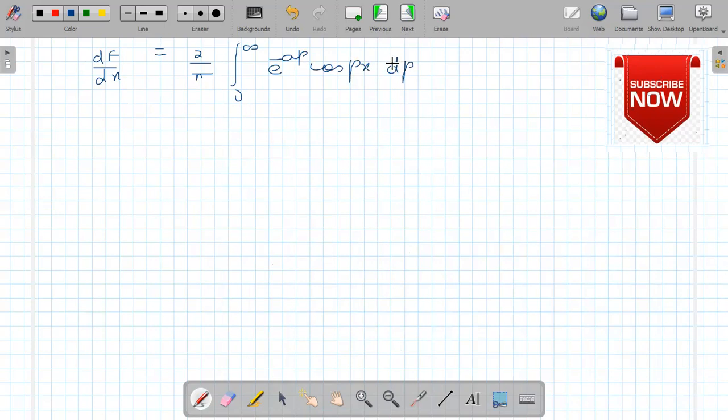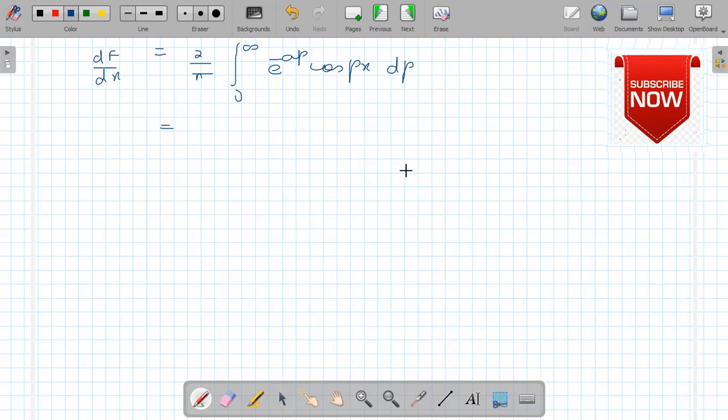Okay, and its value, when you integrate it using the well-defined formula of e to the power minus ax cos bx, will come out to be a upon a square plus b square. I'm not showing the solution of this integration. You can do it by yourself by using this formula. I have told you earlier also.